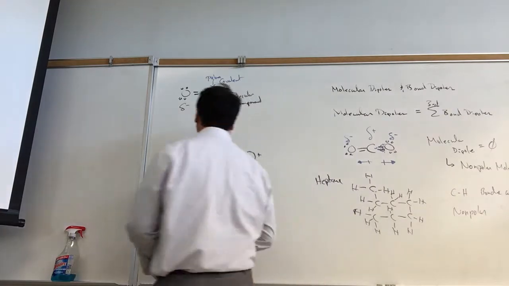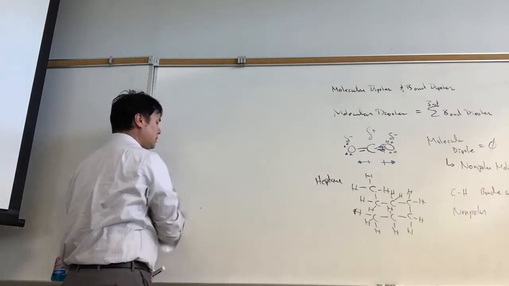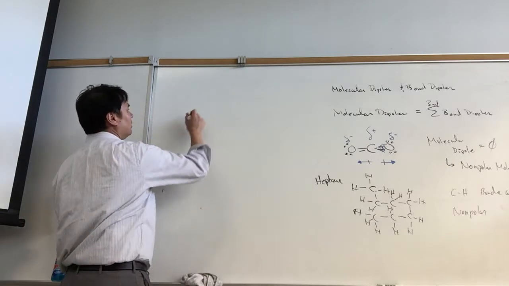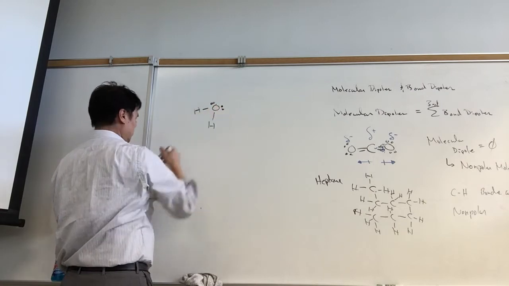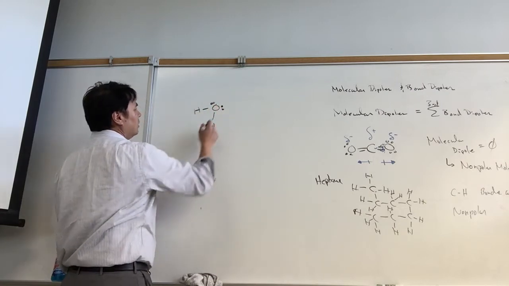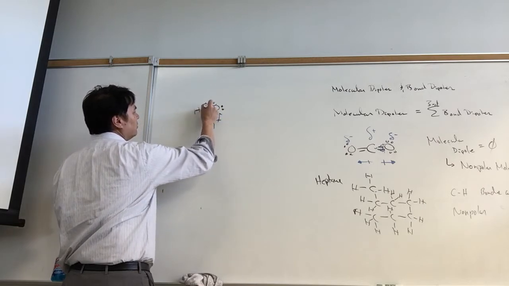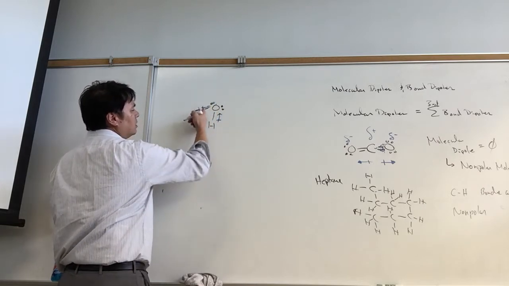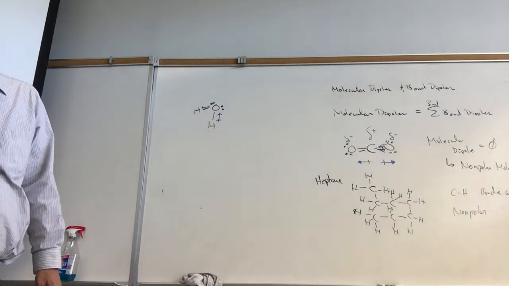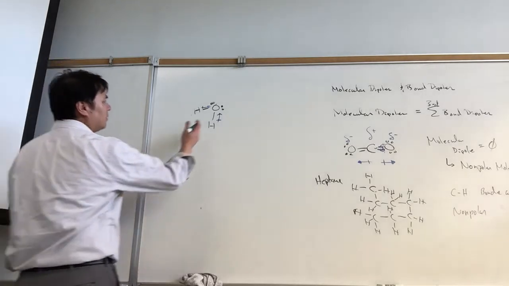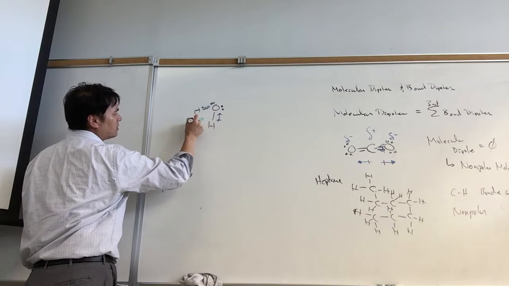With something like water, water is going to be quite polar. The bond dipoles do not cancel each other out in 3 dimensions. So if we look at water here, water is going to have a bond dipole pointing towards oxygen here and another one pointing towards oxygen here. And so if we sum up these two bond dipoles, we'll generate a molecular dipole. If this one's pushing this way, this one's pushing this way, the net is going to be like this.